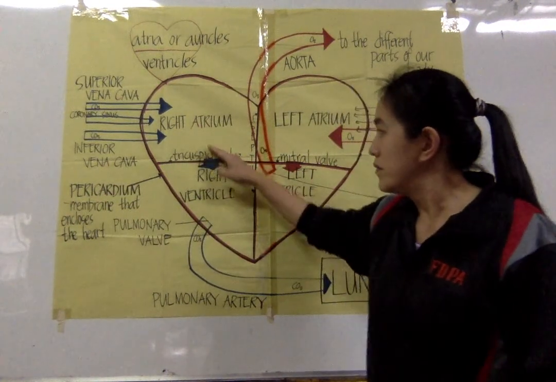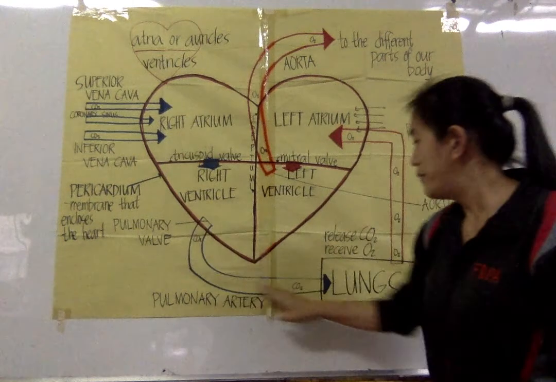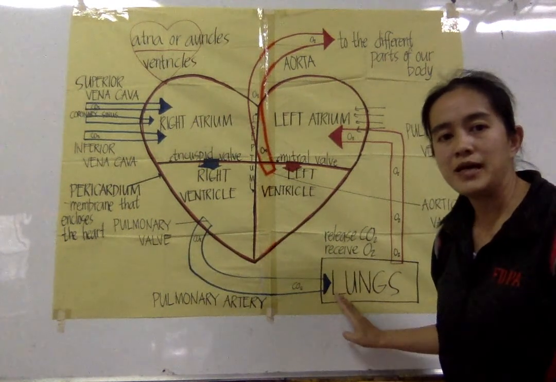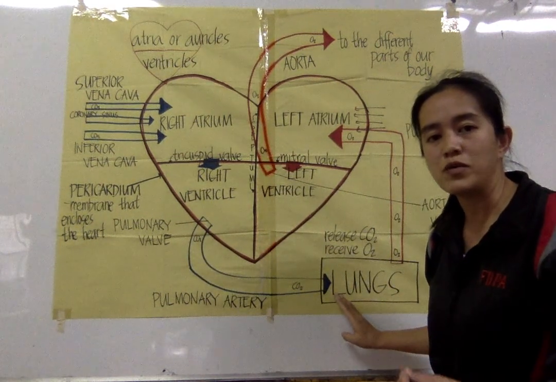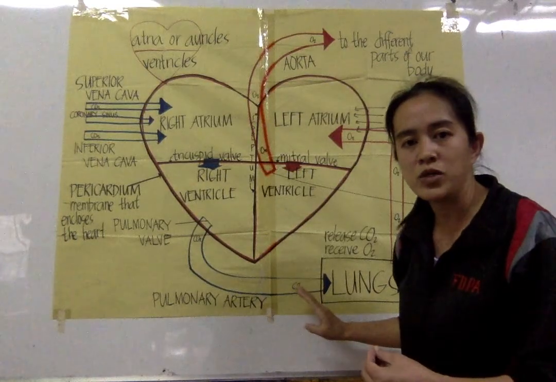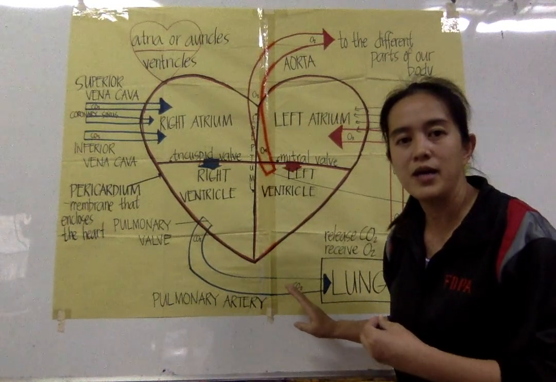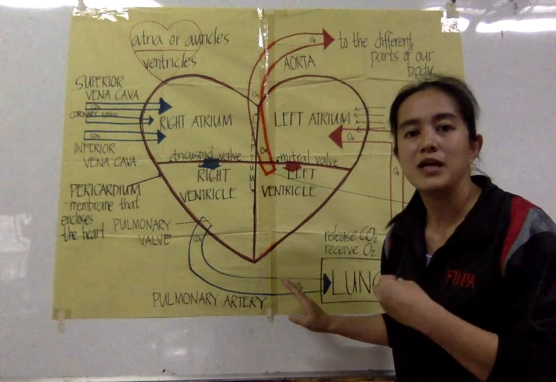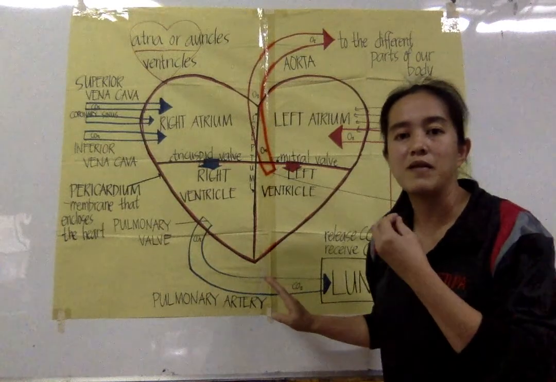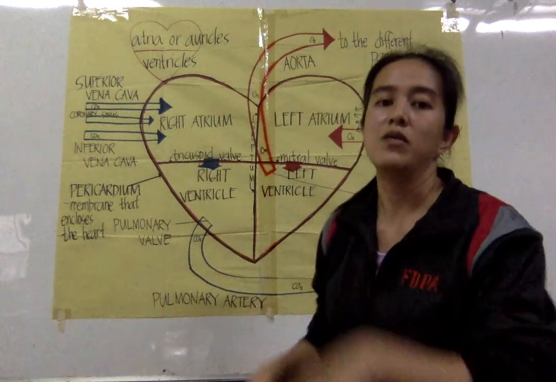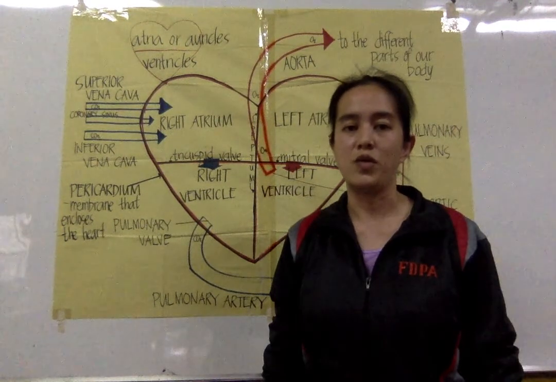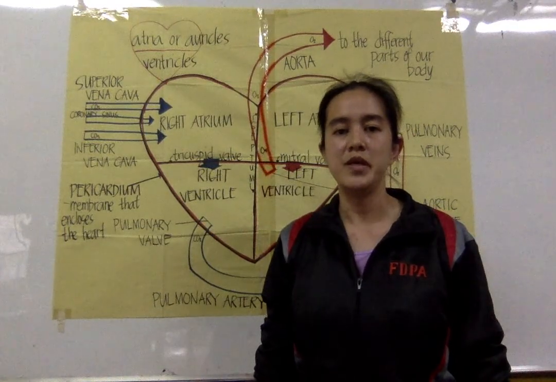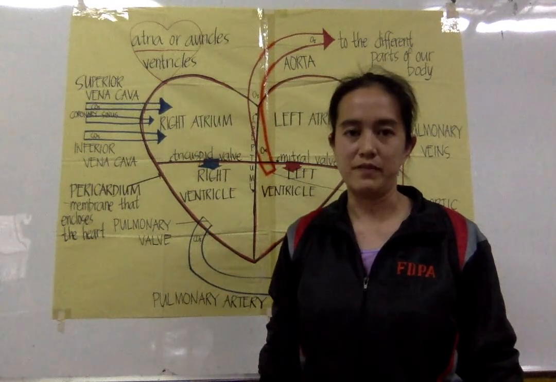Right atrium to the right ventricle, back to the lungs. In the lungs, the carbon dioxide will go to the alveoli, to the bronchioles, to the bronchi, to trachea, larynx, pharynx, to our mouth, or it can be also through our nose. And the process repeats itself.